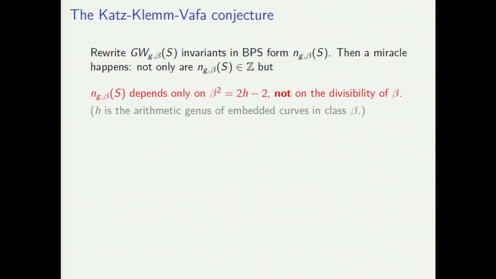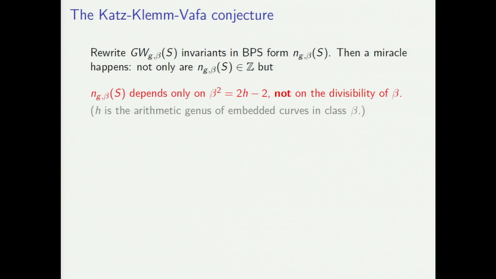They only depend on the only invariants you have of beta, its square and its divisibility. So they depend only on the square of beta and the divisibility of beta, whether beta is 5 times another class or 2 times another class or primitive.